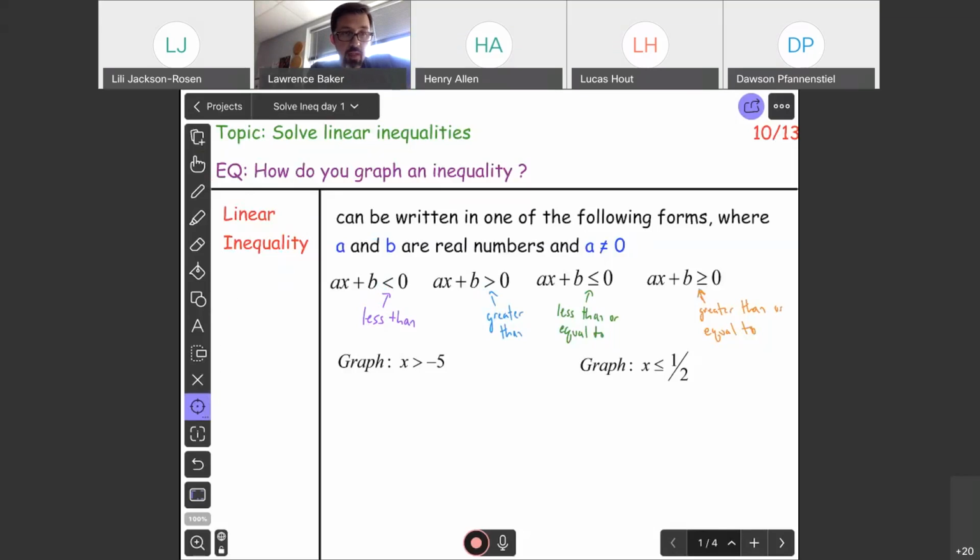Do you have a mnemonic device? Do you have something you use that helps you remember which one's less than, which one's greater than? What do you guys got?